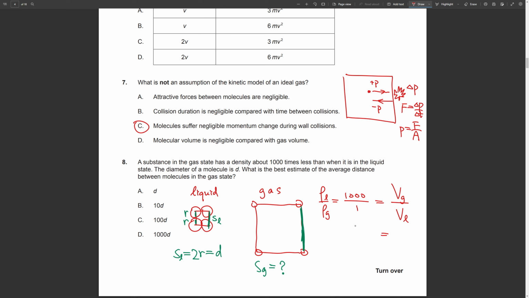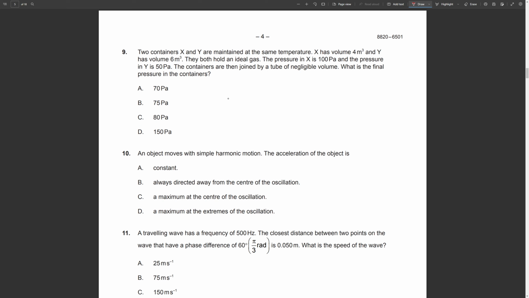Geometrically, you can tell it is the ratio of their sides cubed. Therefore, you can conclude the side of the gas should be 10 times the side of the liquid. So the side of the gas molecular structure is 10 times B. The answer is B.